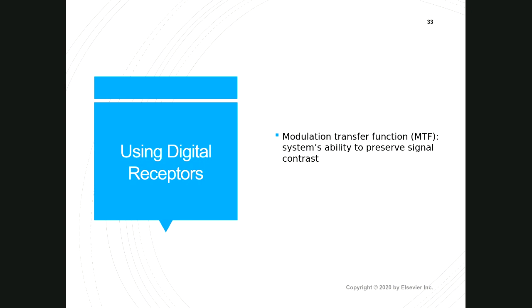All right, the modulation transfer function, that is the system's ability to preserve the signal contrast. We talked about the system and how it has the ability to resolve a small object. And ideally what you're trying to do is have the system resolve that object and represent it as separate and distinct.